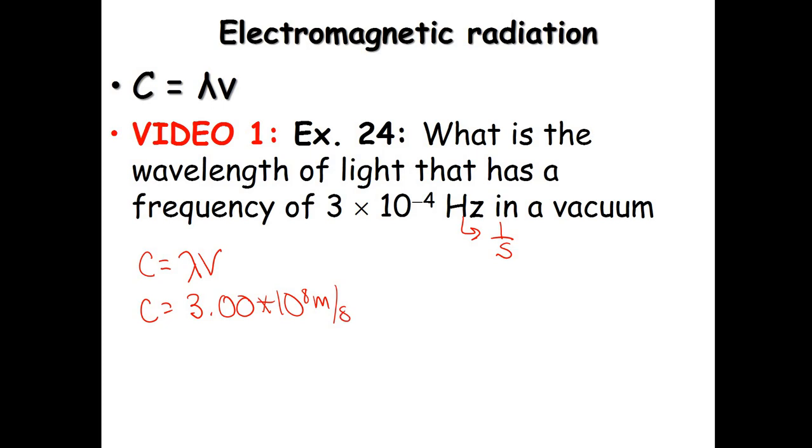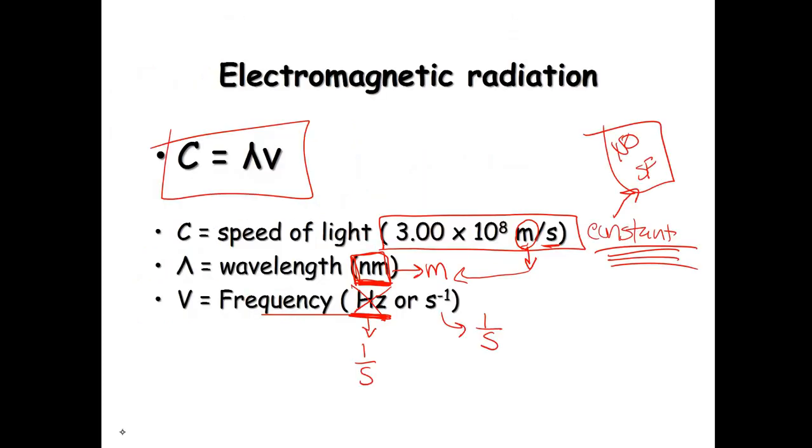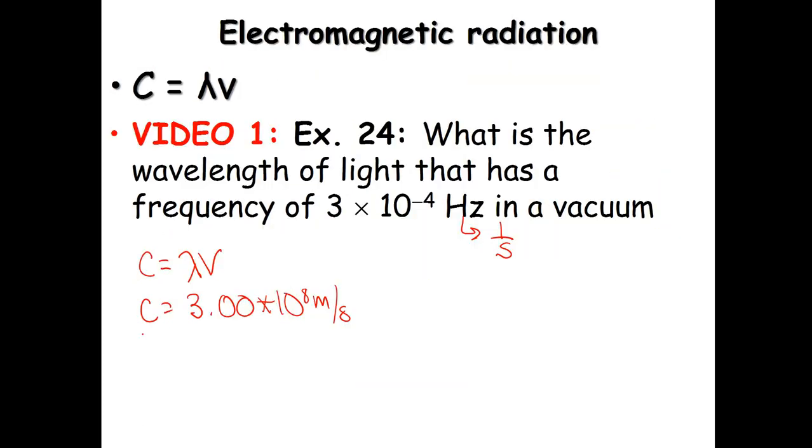It doesn't matter what else the problem tells us, that is always true. So this is our constant. Now we look at what other variable we have. We're given hertz, so that's going to be our frequency.